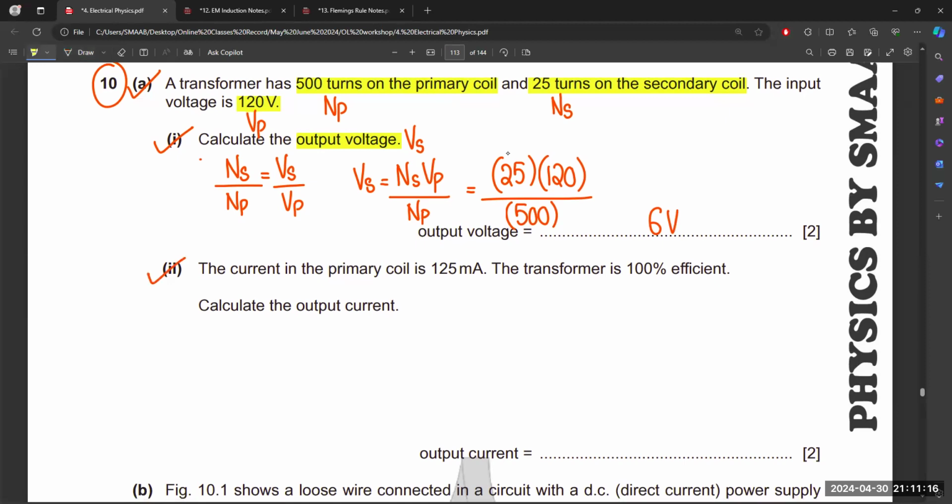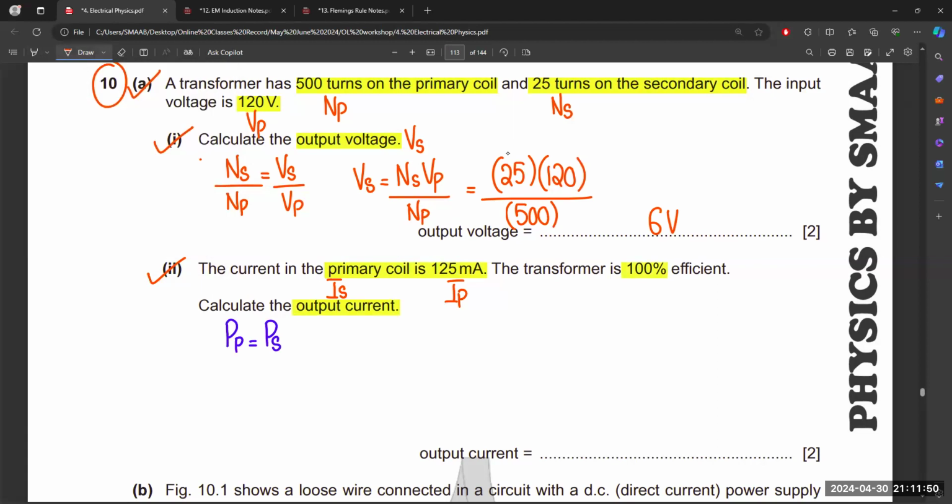Now the current in the primary coil is 125 milliampere. The transformer is 100% efficient. It means input is equal to the output. Calculate the output current. It means current in the secondary coil. So according to the concept of power, because the transformer is 100% efficient, the power of the primary coil is equal to the power of the secondary coil.